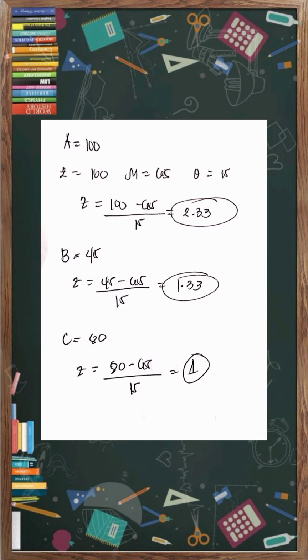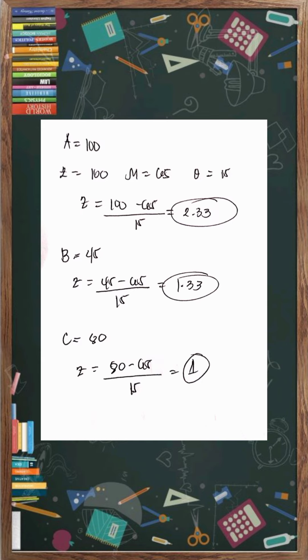Then, Z equals X minus mean over standard deviation. Yun yung gagamitin nating formula para makuha yung z-score ng bawat isa, para makuha yung z-scores ng 100, 45, and 80.